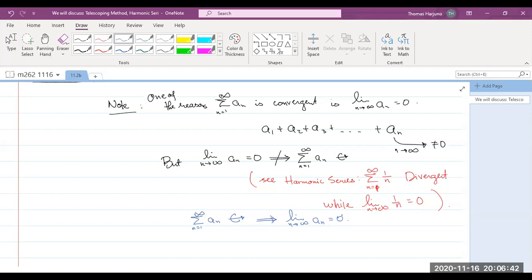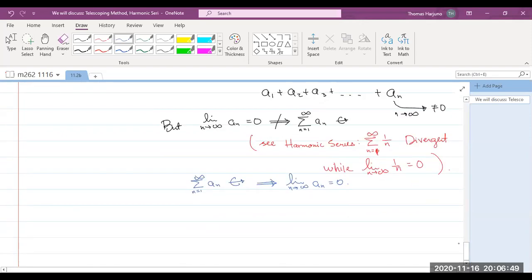You can see the proof in our textbook, but let me give you some intuition. S sub n is the nth partial sum, and S sub n minus 1 is the n minus first partial sum.